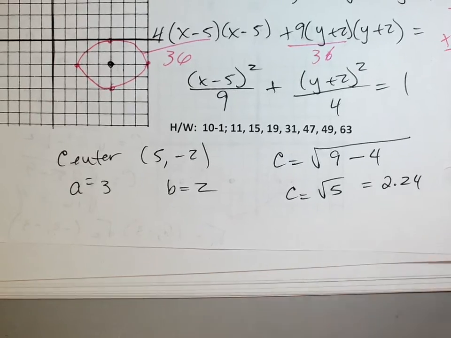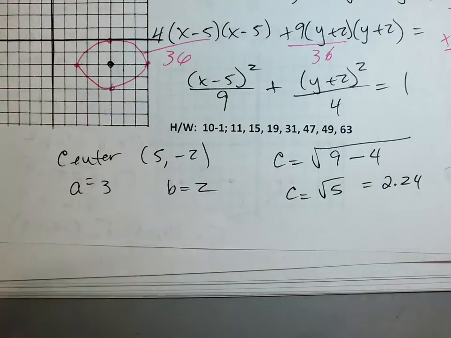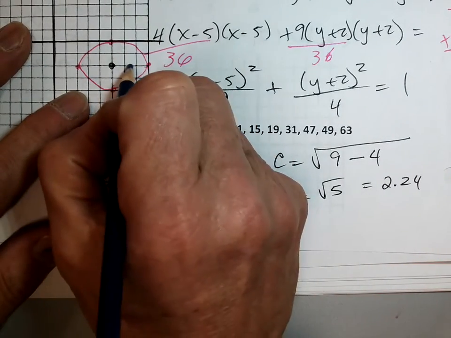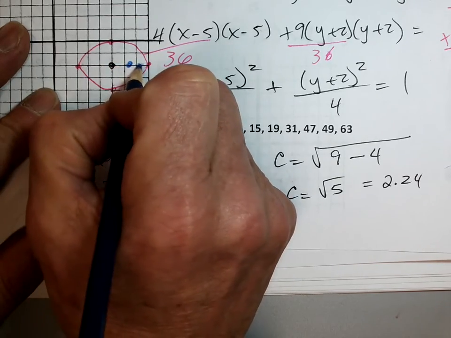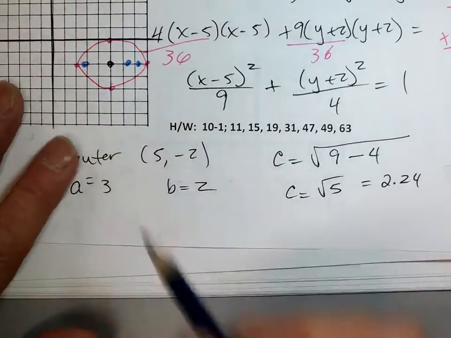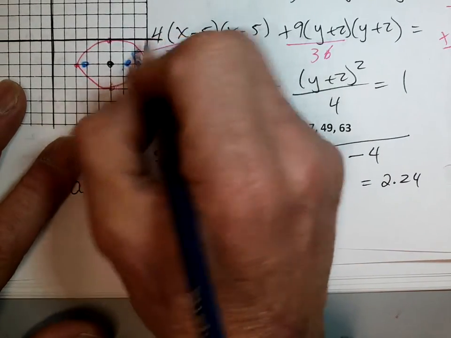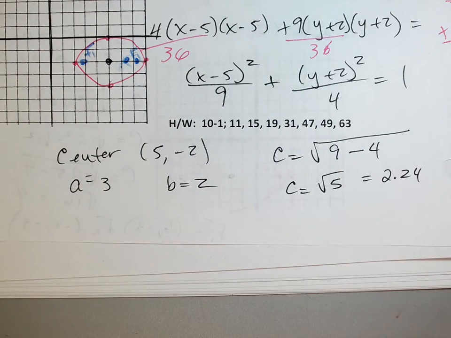So my foci is going to be 2.24 right about there, and back 2.24 is there. So there's F1, F2. There they are.